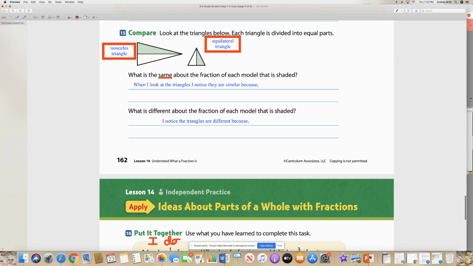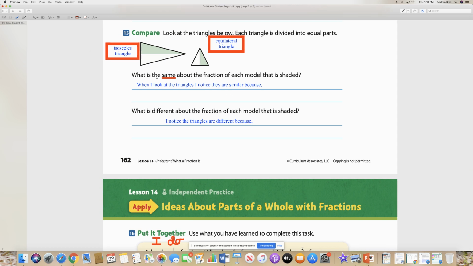All right, again. So we want to know something that is the same, and something that is different about these two triangles. And I went ahead and added two fourth grade words. So this specific type, actually it's a third grade word because you learned them in third grade. This triangle here is called an isosceles triangle.